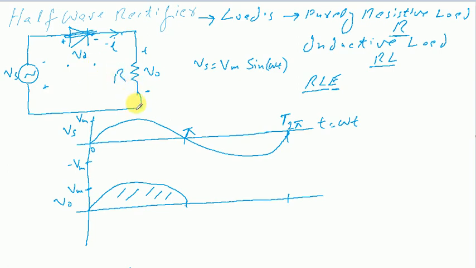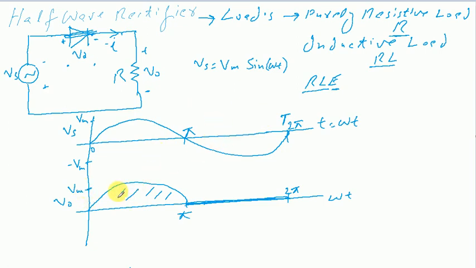Okay, so it will not be able to conduct anymore and there will be no current flow through the diode. That will mean that the voltage across the diode in this particular case is going to be 0 from this interval pi to 2 pi. So that is how the output voltage across the diode will look.